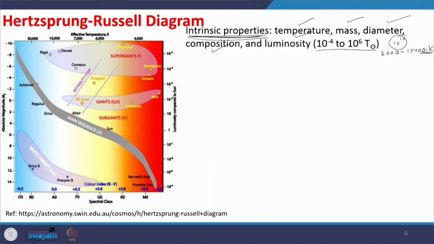So, the luminosity has a huge range. What Hertzsprung and Russell did independently was to take the experimentally measured luminosity and plot it with respect to the temperature or color of the star. So, what is this color? I will give you more details in coming slides.